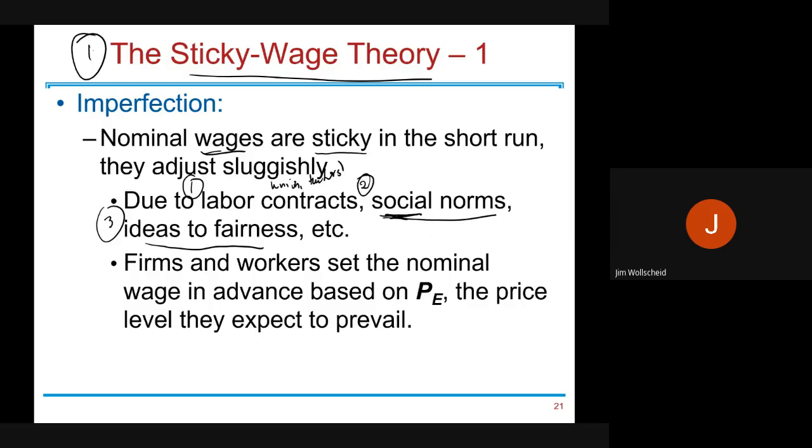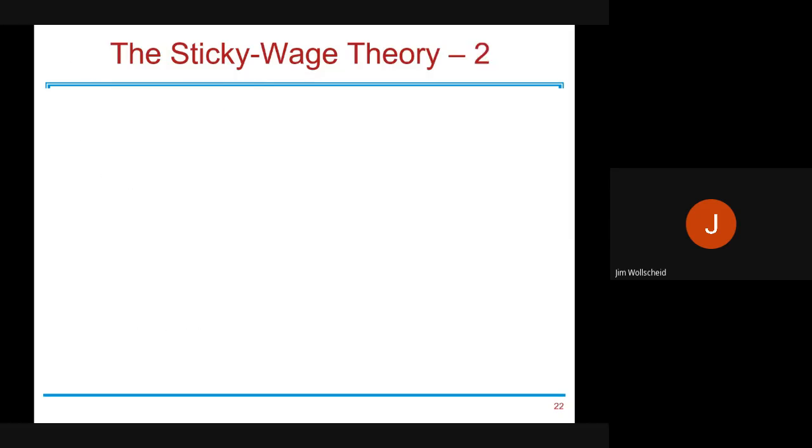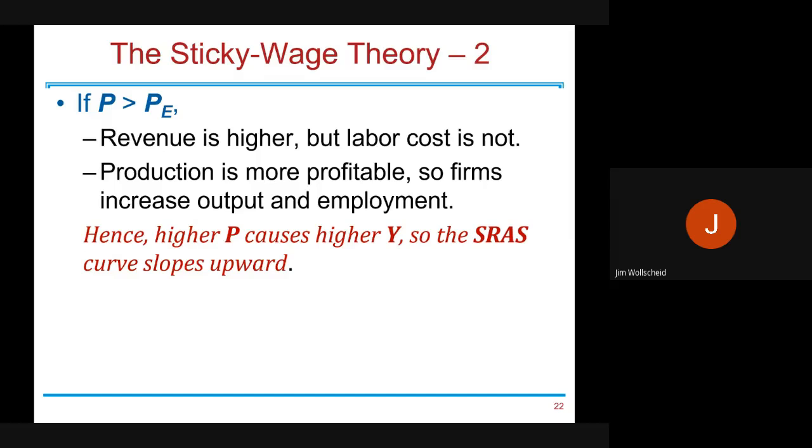So what firms and workers do when we agree on prices is we put a price that we expect to prevail. We take a wage that we expect to be valuable for us moving forward, that lets us accomplish what we want to, and that is valued in the market. We come to some arrangement, we call it PE, based on what we expect the prices to be.